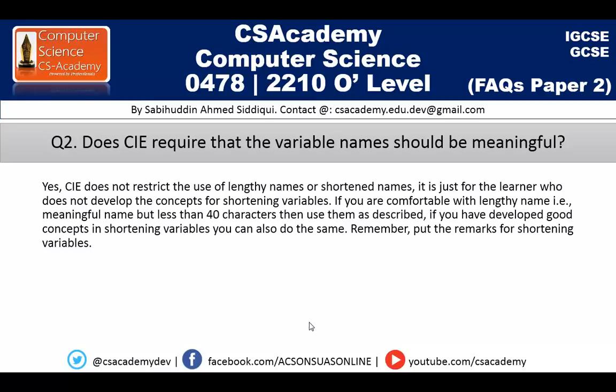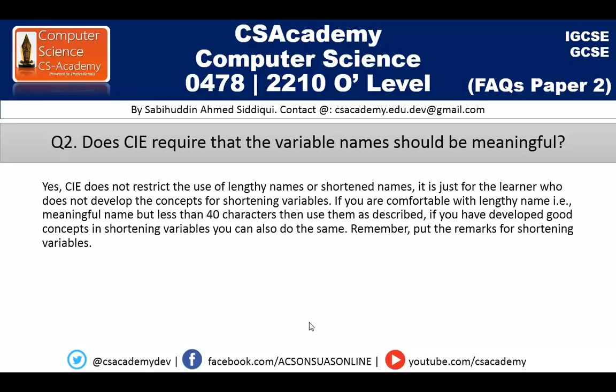If you are comfortable with lengthy names, that is meaningful names, but less than 40 characters, then use them as described. If you have developed good concepts in shortening variables, you can also do the same. Again, remember to put the remarks for shortened variables. And what is a remark? A remark is something you put next to the variable that will not be compiled or interpreted by the language editor.